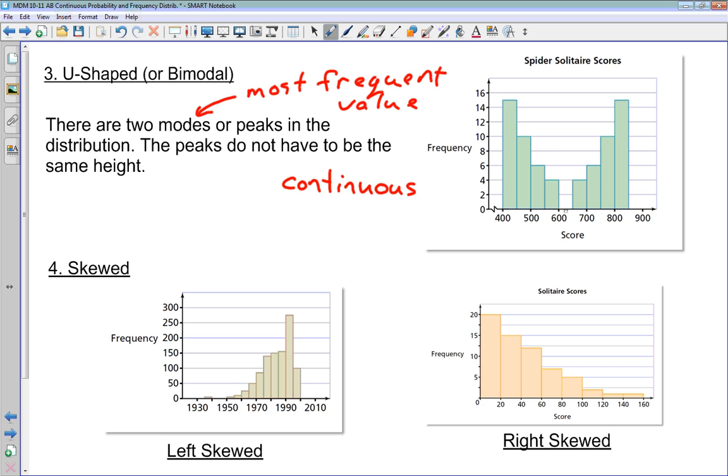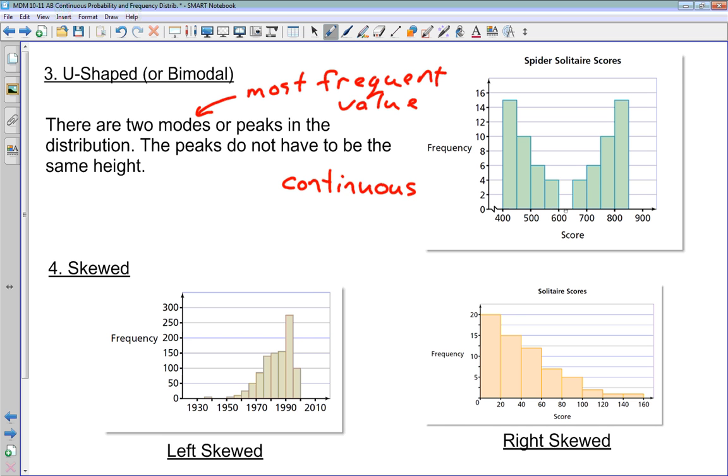Because what we're saying is that your score can take on almost any kind of value in between the upper value and the lower value here. Now, that isn't entirely correct. It could be that the way the scoring system works, you can only get half points, or you can only get single points. But because it can take on so many different values, we're treating it as continuous in this case.